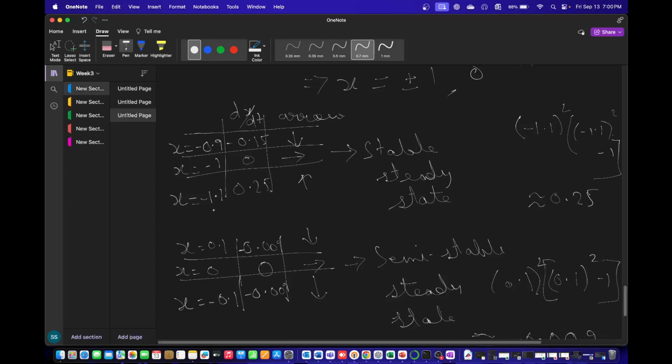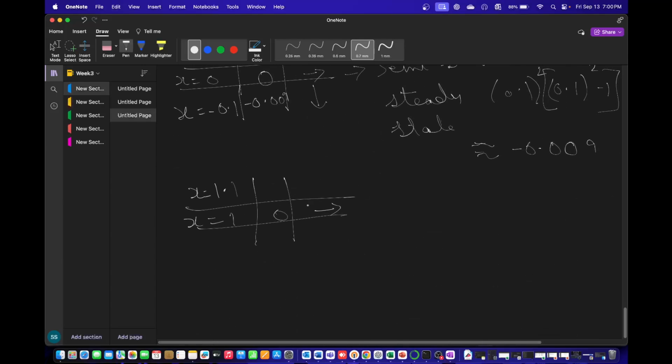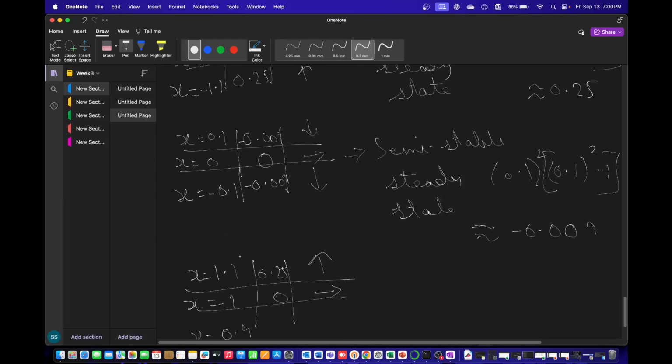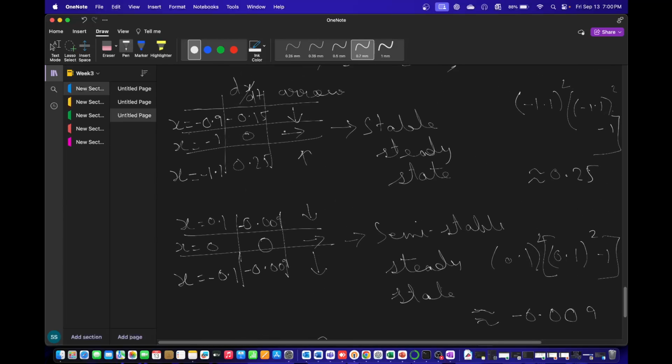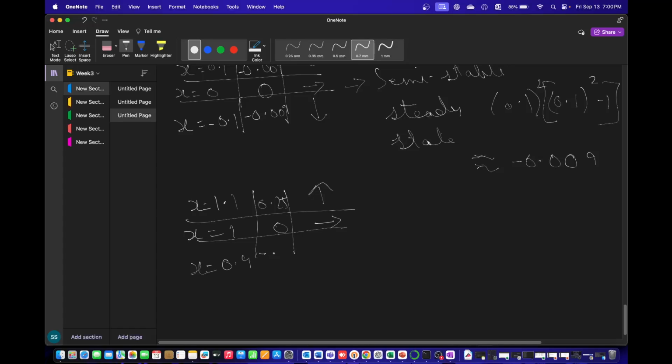The negative sign does not matter because this will square off, so it will be 0.25. So it's positive, so it's going up. And if you take a slightly lower value, 0.9, this also we have calculated with a negative sign, but the value will be the same because there is a square. So minus 0.15. So this will diverge. So this is actually an unstable steady state.